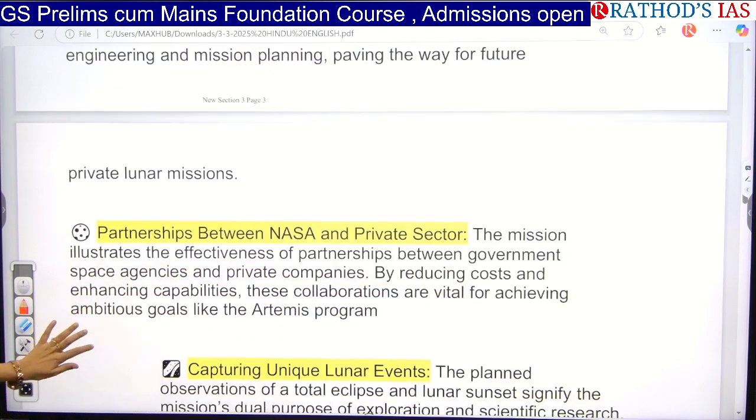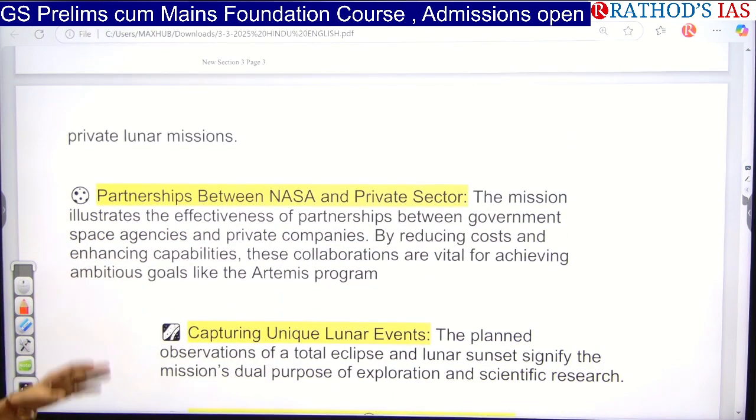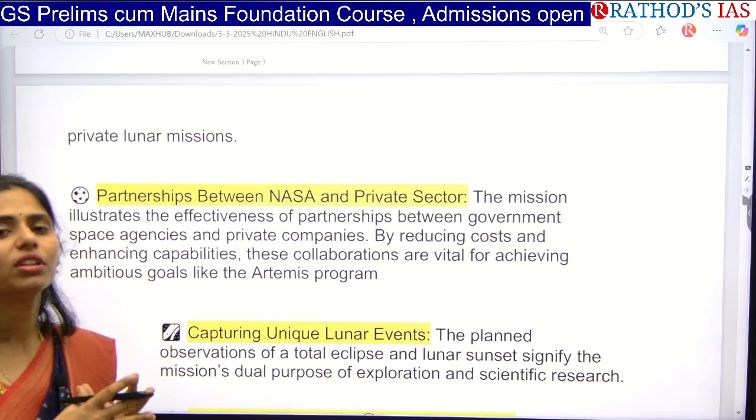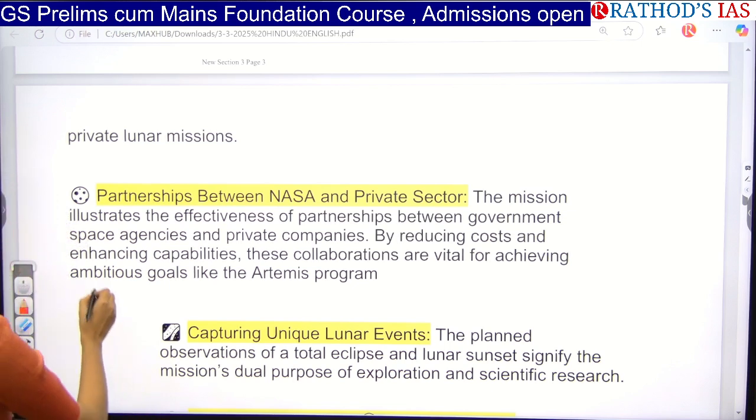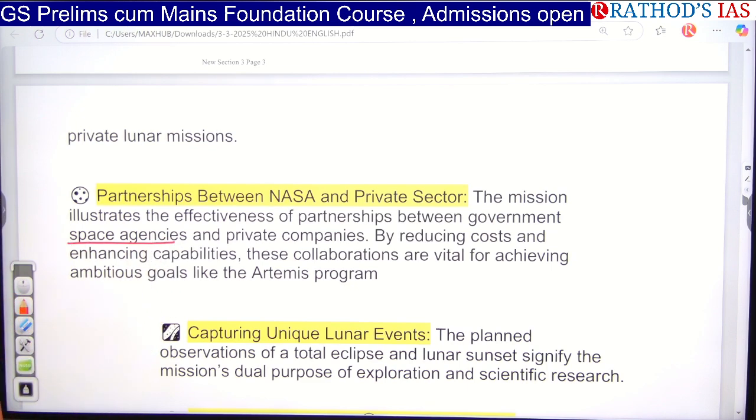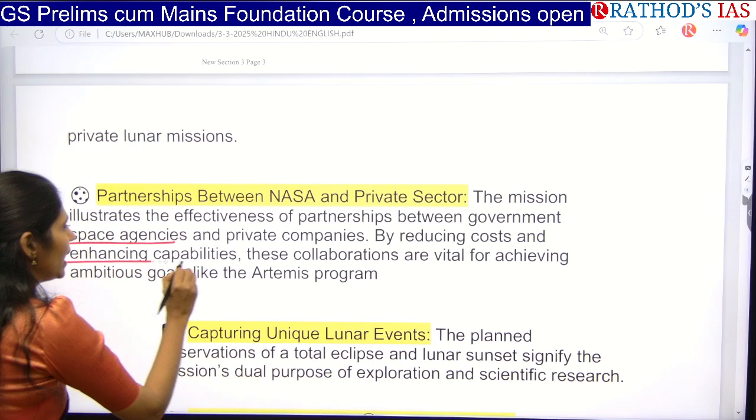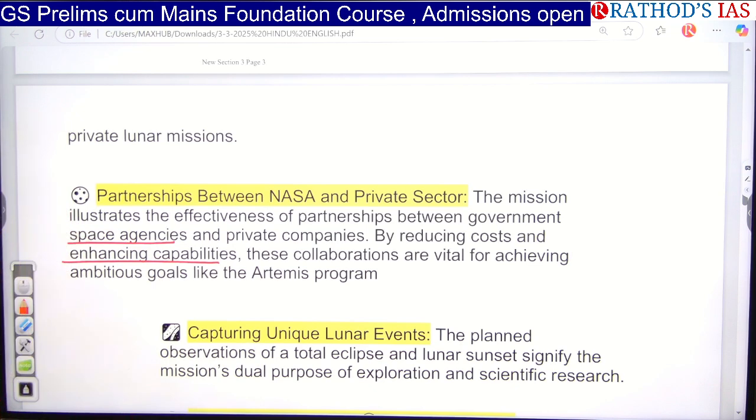And this mission is a partnership between NASA and one private company. So whenever we come up with a partnership between private space agencies and a government agency, we can reduce the cost, improve the competition, and also enhance the capabilities so that we can achieve ambitious goals.